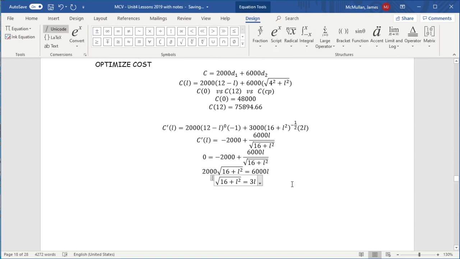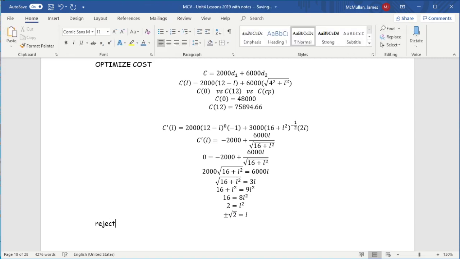Now I'm going to square both sides, so I get 16 plus L squared equals 9L squared, and therefore 16 equals 8L squared, and therefore 2 equals L squared, and plus or minus root 2 equals L. I'm going to reject negative square root 2.